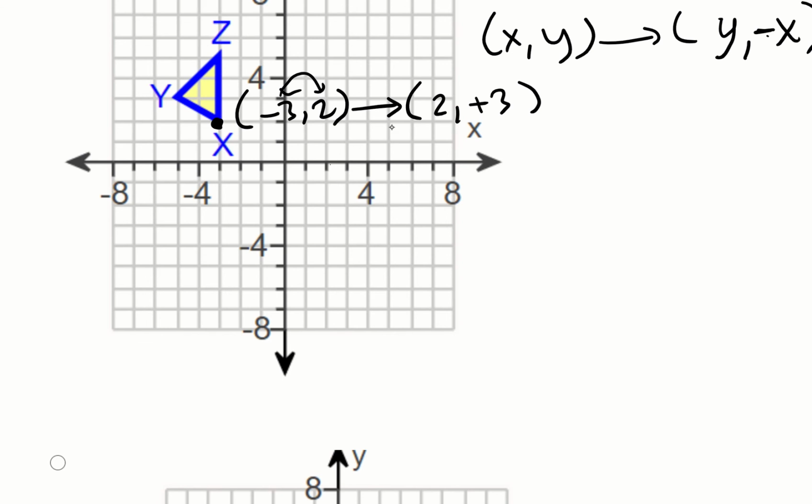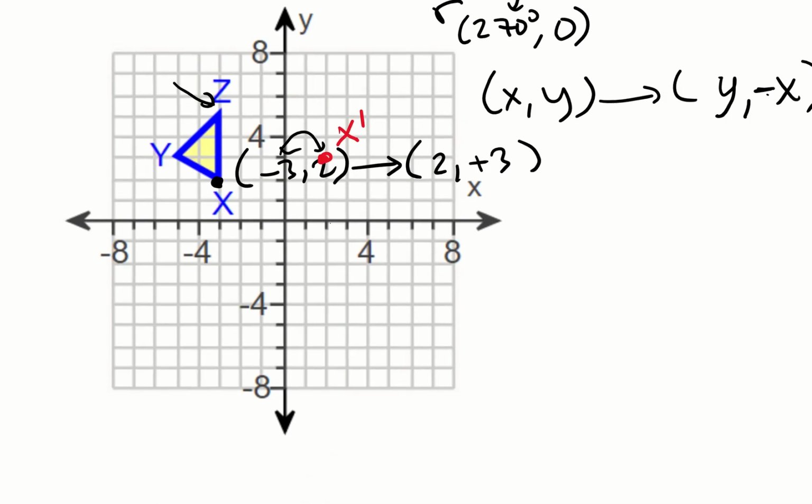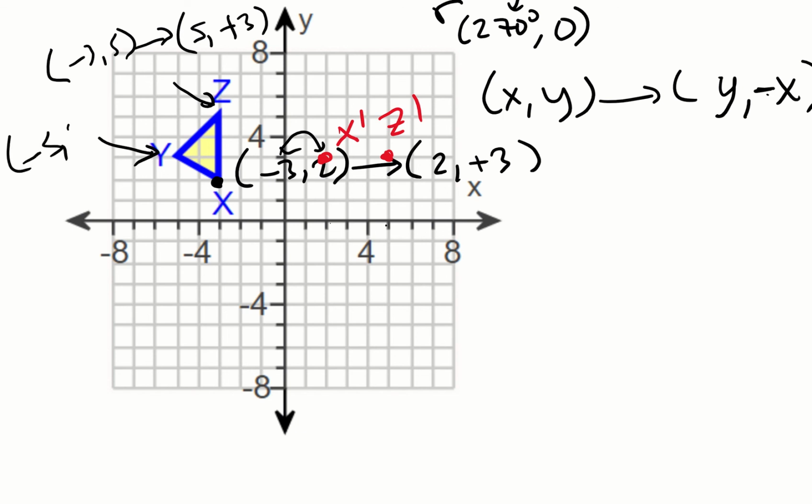Let's go ahead and plot that. That'd be X prime. And then Z is currently negative 3, positive 5. If I rotate it, it'd be 5, negative 3, switch them, and then change the sign of this one, so it'd be 5, 3. And then this Y is currently negative 5, positive 3.